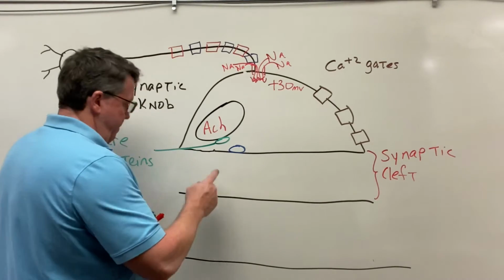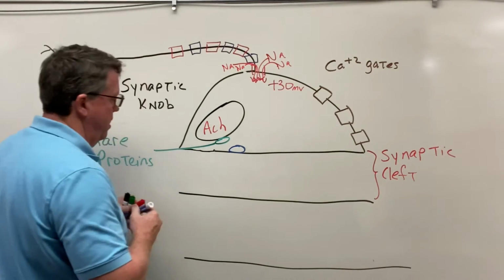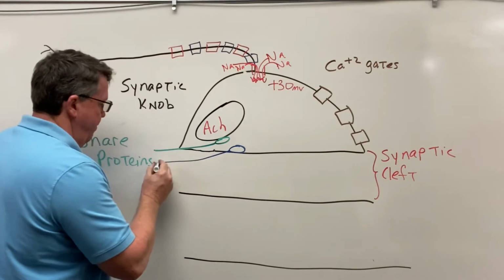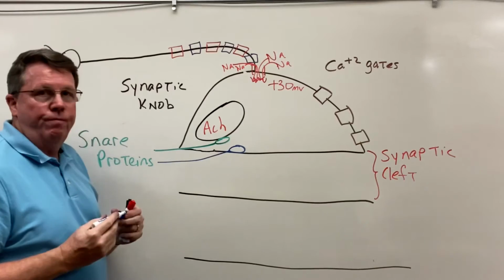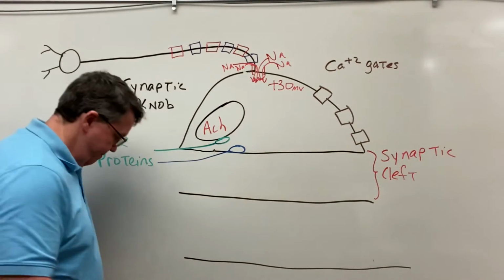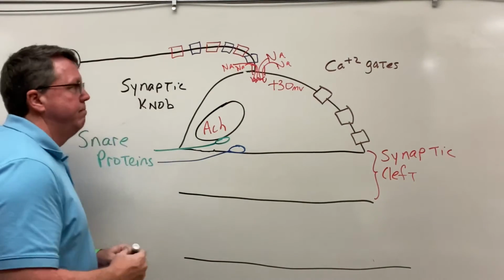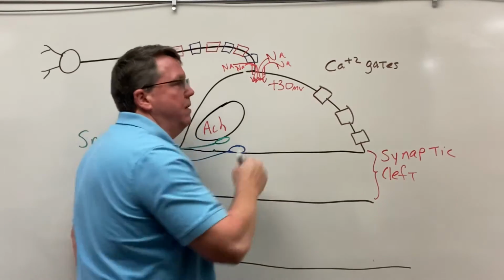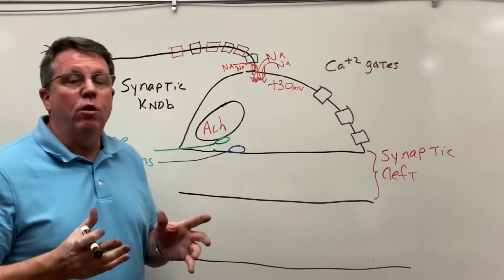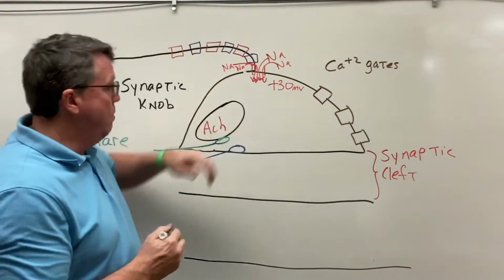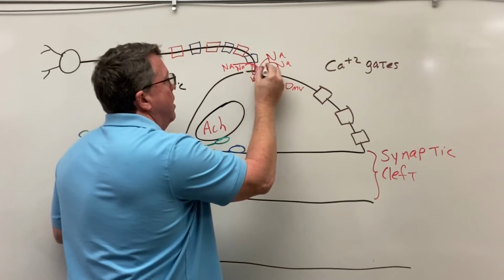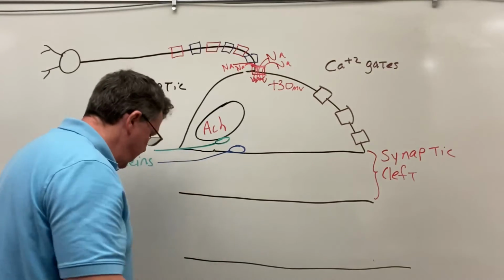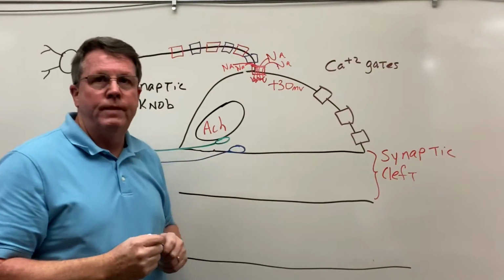Now, how does it do it? So once again, this is a snare protein too. Both of these are snare proteins. We need to connect those. How does that happen? Like this. This is positive 30 millivolts. And as we know, at positive 30 millivolts, my sodium gates will close.